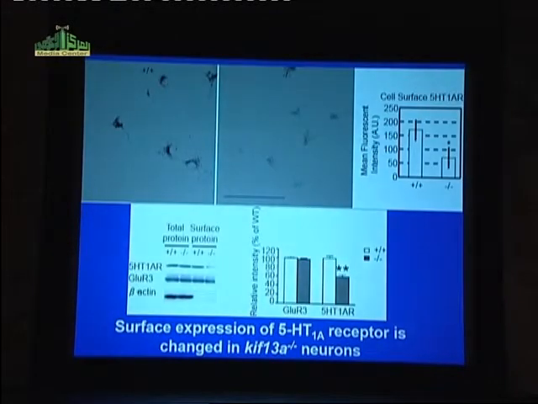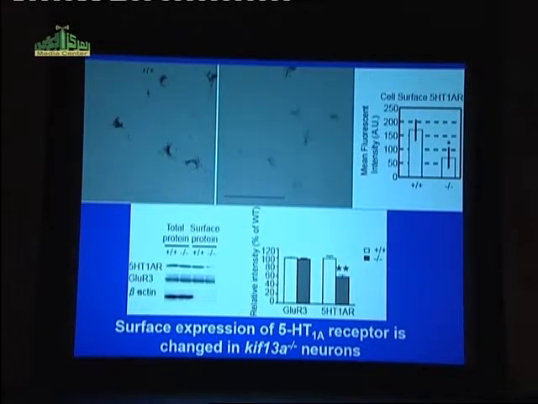Then we studied the serotonin receptor. This is the staining of the 5-HT1A receptor, serotonin 1A receptor, in wild type neuron and knockout neuron. As you can see clearly, the surface-exposed serotonin 1A receptor was decreased in the knockout mice.